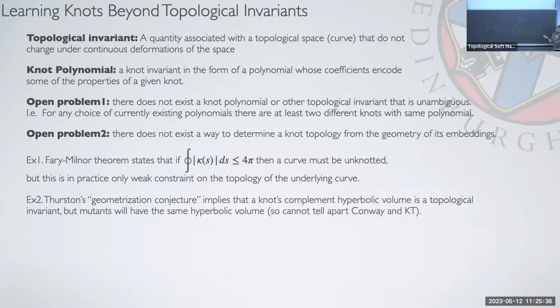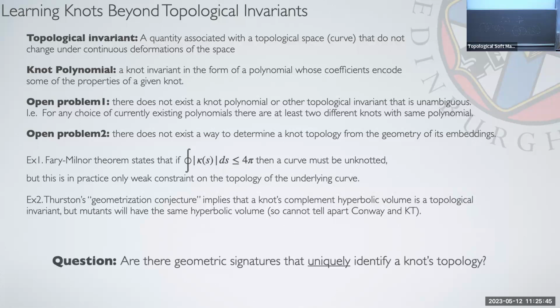But it's a conjecture; there is no proof that this is true. There is nothing linking these two families of invariants. So the question that I really want to ask in this talk, and hopefully we made a little bit of progress in this direction, I'll try to convince you, is: are there geometric signatures that uniquely identify a knot topology?